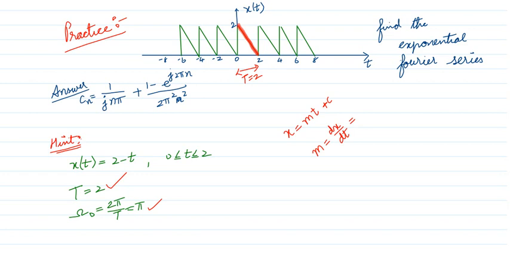This is the upper limit and this is the lower limit. So change is 0 minus 2. What is the change in time? It is going from 0 to 2, so change is 2 minus 0. So 0 minus 2 by 2 minus 0, and the slope is minus 1. So m you got as minus 1.